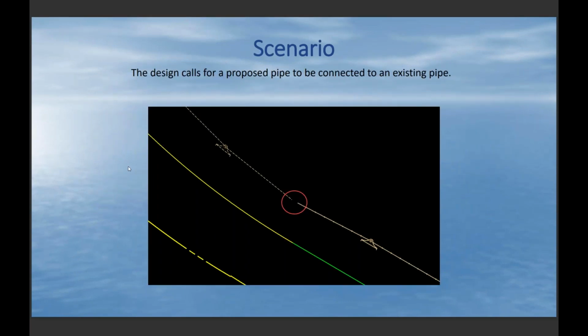This scenario that we're going to look at, the design calls for a proposed pipe to be connected to an existing pipe, as you can see in this sketch I've got up. You can't do that. There's not a good functional way to do that without putting something between them that the pipes can connect to, and that leads to using things that aren't necessary for the drawing.